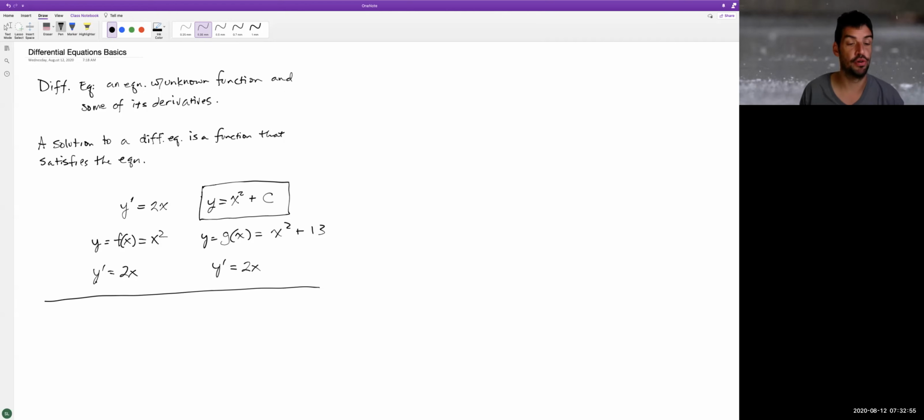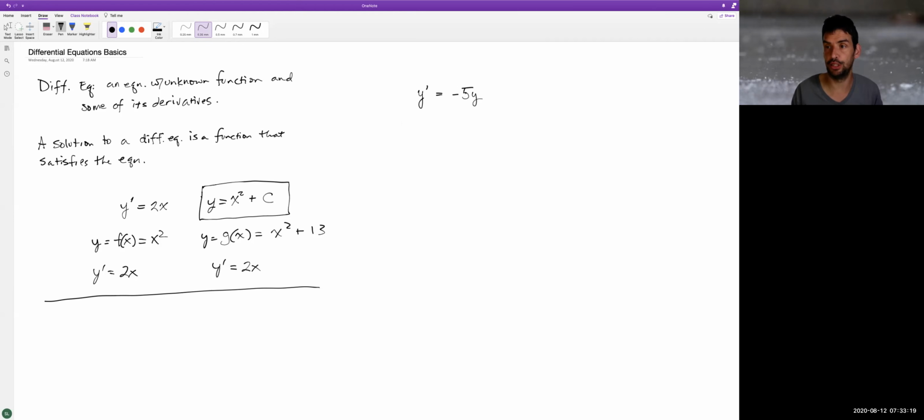Let's make it a little more complicated. Let's look at y prime equals -5y, okay? Now, you may have seen how to get the solution in the first example, right? It may have been almost obvious what function has a derivative of 2x.